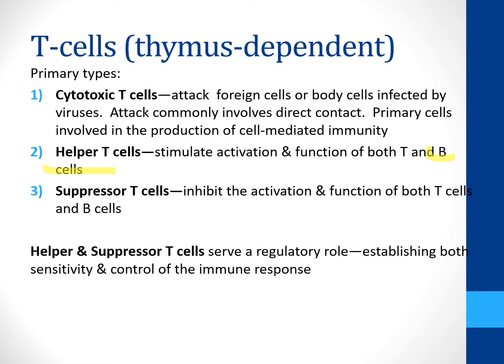So helper cells and suppressor cells both serve that regulatory role to make sure that we're sensitive but not overly responsive in these different immune responses. The T cells are the fastest cells, so they often will get to an infection quickly.